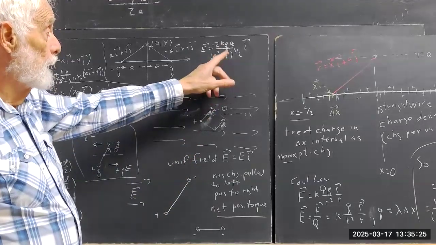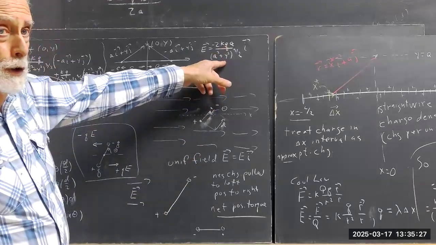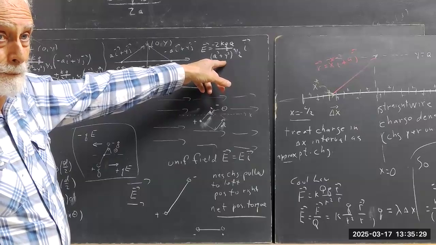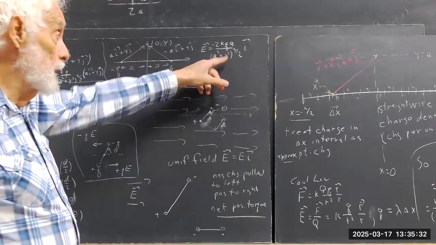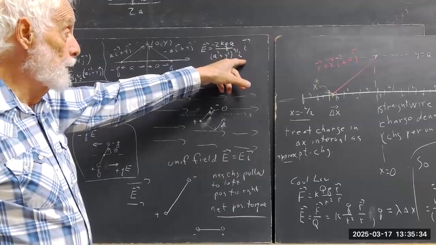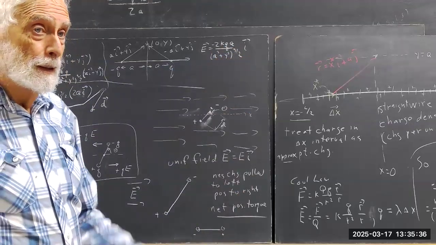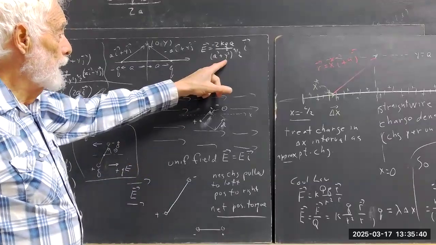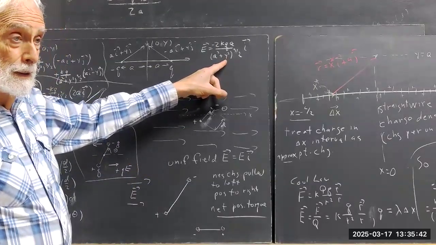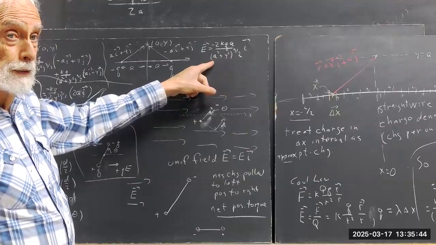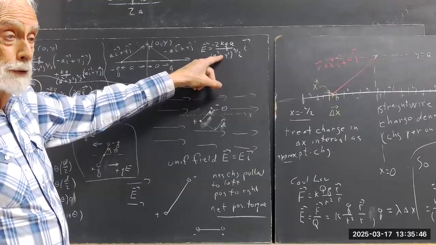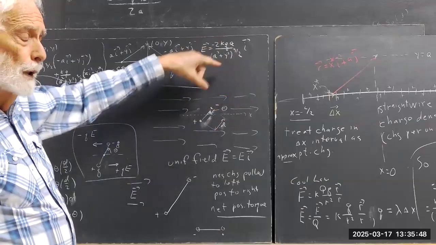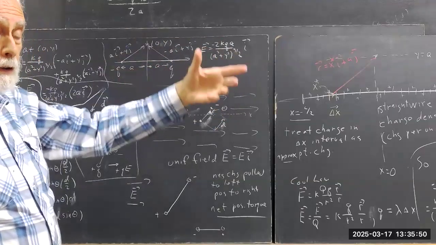Terms in the denominator are inverse cube in y, because A squared plus y squared is raised to 3/2. And let's be clear about what I mean by this. If y gets big to the point where A isn't important, you have y squared to 3/2, which is y cubed, right?